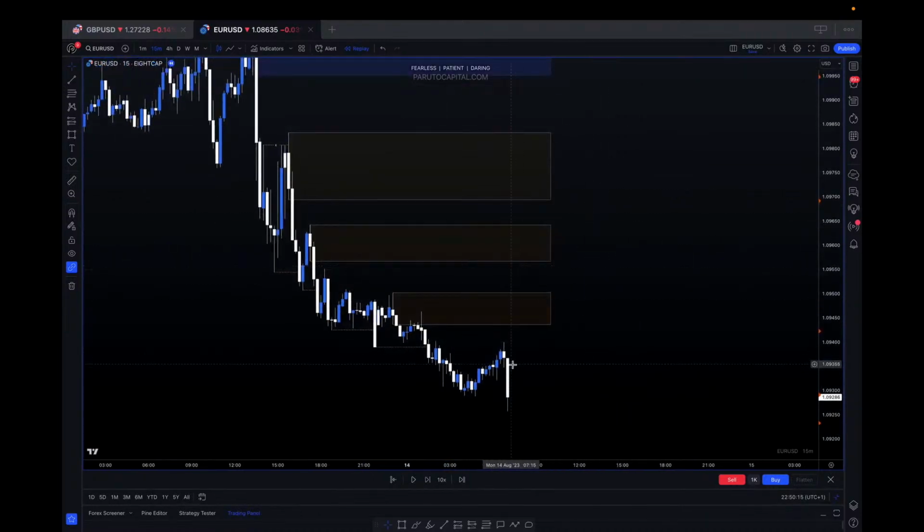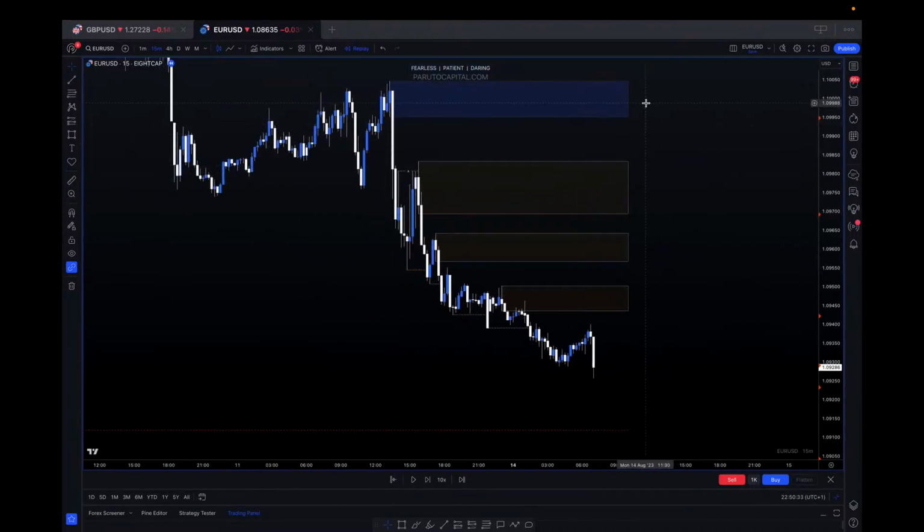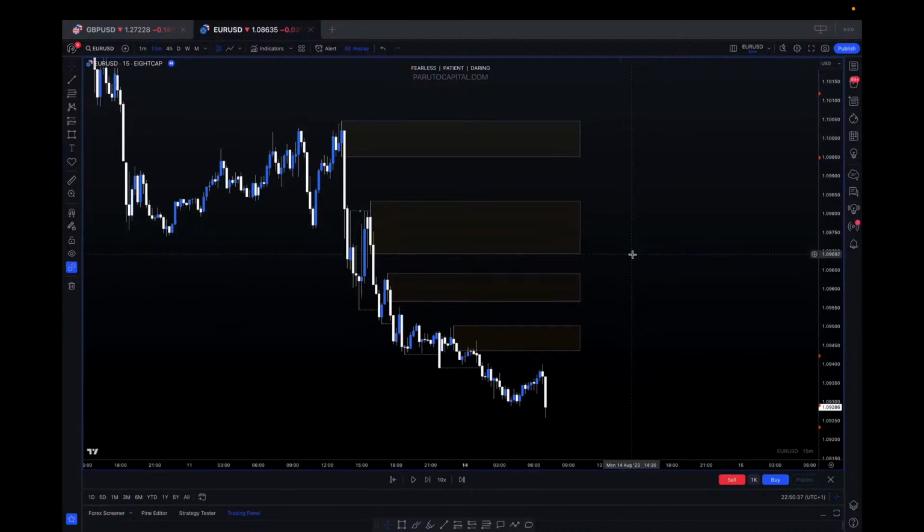Based on this, we're expecting that price could tap into this area and then sell off, or price could use this area as inducement to this area and then this area before we get that sell off. Now, how do we determine where we're going to take our sells? Because all of these areas are POIs, possible areas for price to react to.